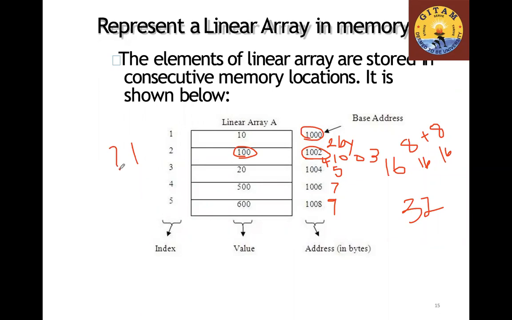So now tell me, how many bit machine is this based on the example? First of all, which column will you check to find out how many bit machine this is, the index value or the address? I have given a hint also.